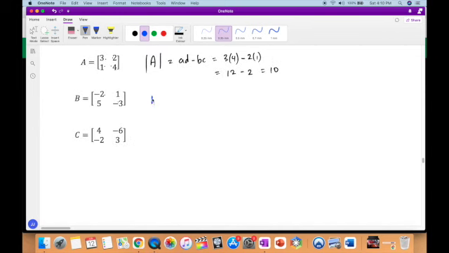Modulus of B, that is A times D, which is negative 2 times negative 3, minus 5 times 1. Alright, so what do we have? We have negative 2 3s are 6, minus 5, which is 1.